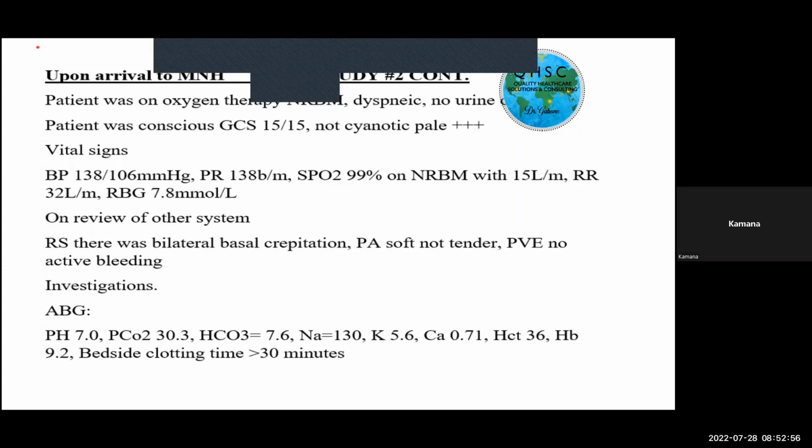Also, a cardiologist was consulted for reviewing the patient, and the nephrologist also reviewed the patient. Creatinine and BUN also were taken. Then the patient continued with the management, but later on the patient was moved from non-rebreather face mask to CPAP.